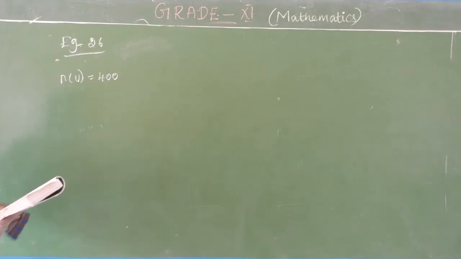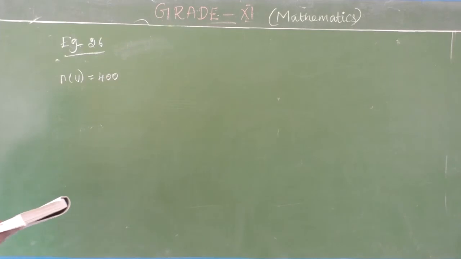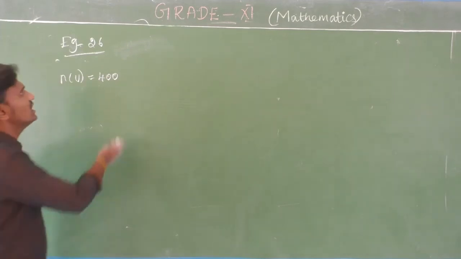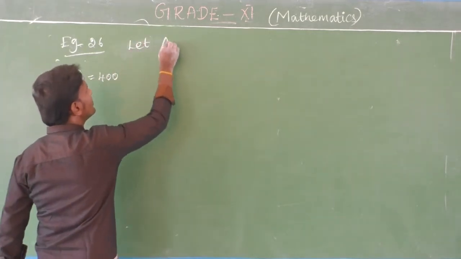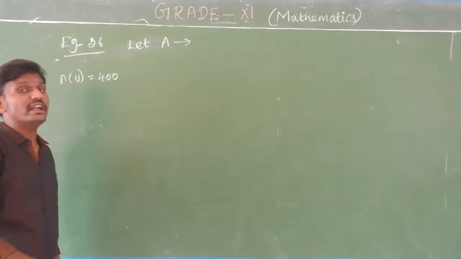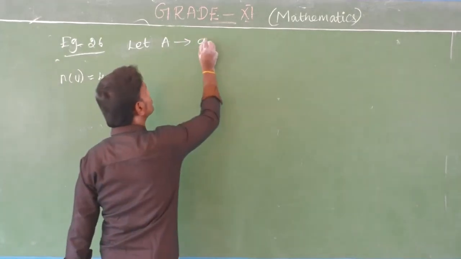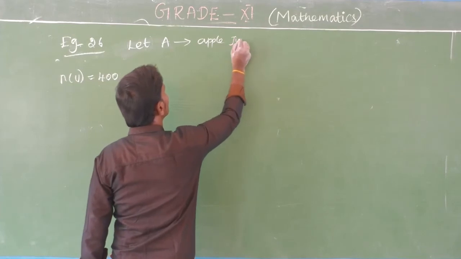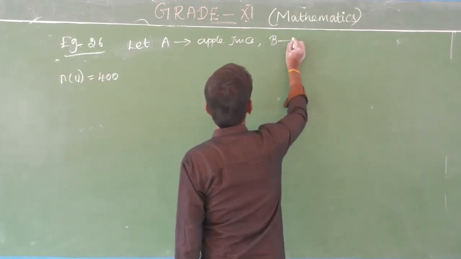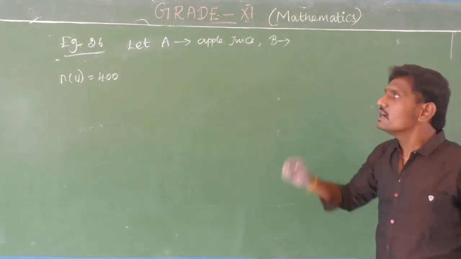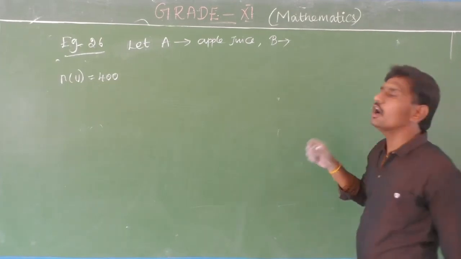Now find how many students were taking neither apple juice nor orange juice. Before that we should take: let A be the number of students taking apple juice, then B the number of students taking orange juice.